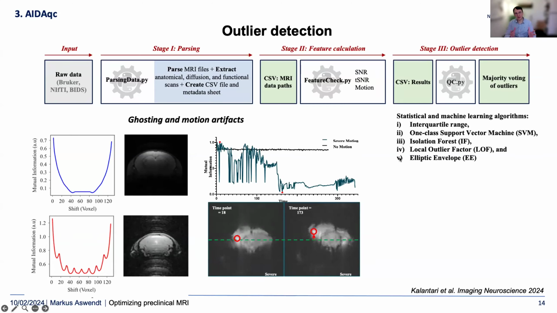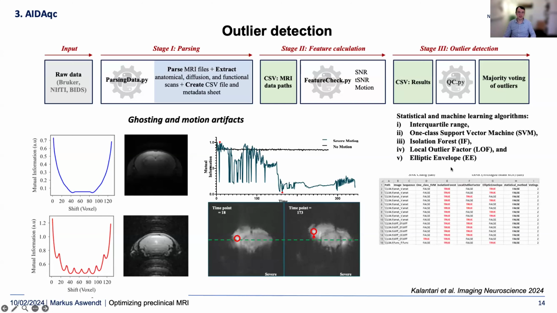But we chose 5 simply because they all have pros and cons, and some can see differences much better than others, in particular sequences and so on. So it's kind of a mixture. And you get out a CSV table with a labeling of this could be a potential outlier. And if all of them say this is a potential outlier, you would have a majority vote of 5.